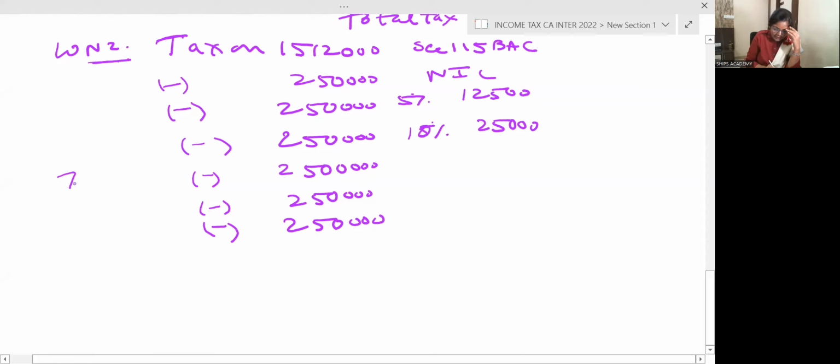If you want, you can write here 750 to 10 lakhs. जो नेक्स्ट है that will be 15%. 250 into 15%, 37,500. Then next 250, 10 lakhs से 12,50,000. That is 20%. 5% का इंक्रीज है.